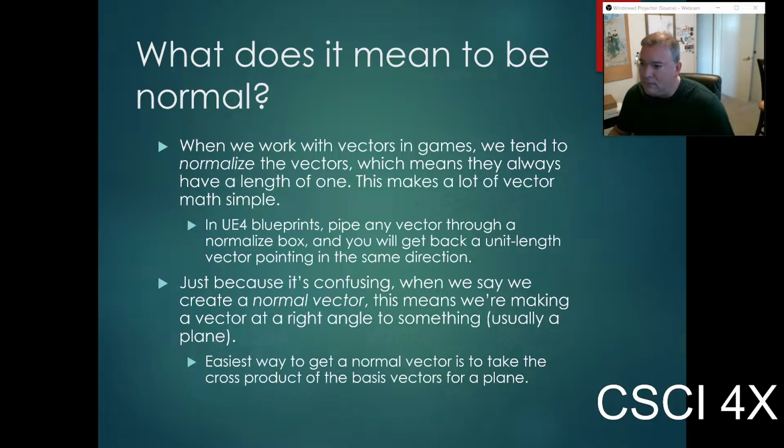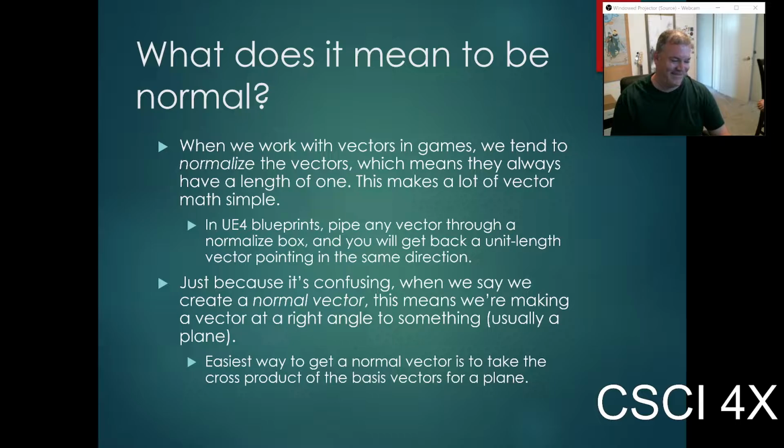So, then a normal vector, though, is not the same thing as a normalized vector. Just because. And so a completely normal mathematician can normalize a vector to get the normal vector. Okay.